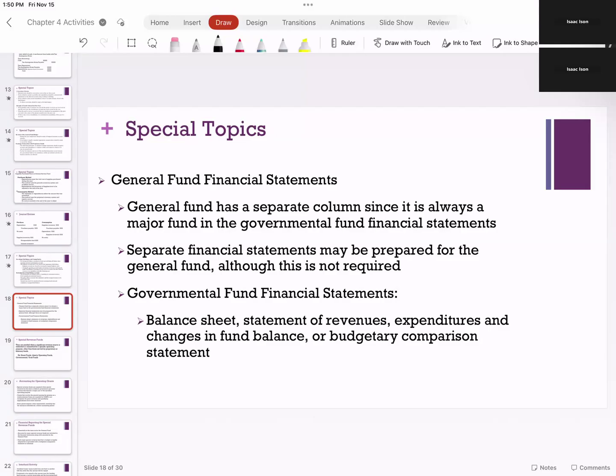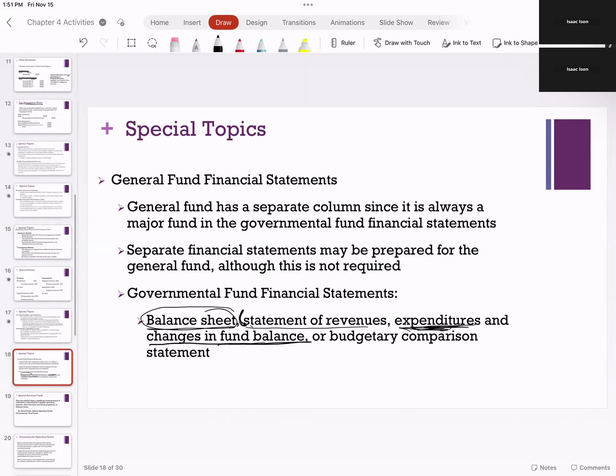So balance sheet, statement of revenues, expenditures, and changes in fund balance, or budgetary comparison statement. But you need to know, hey, we're going to have a balance sheet for our governmental funds. We're going to have kind of like an income statement, but it's the statement of revenues, expenditures, and fund balance.